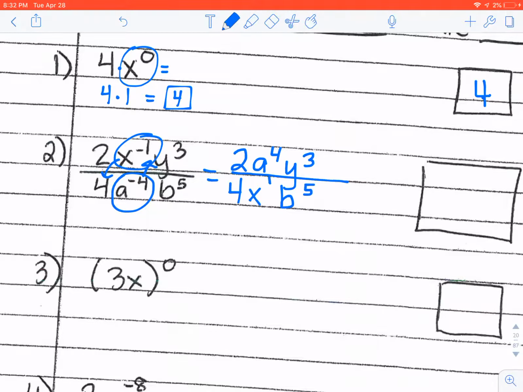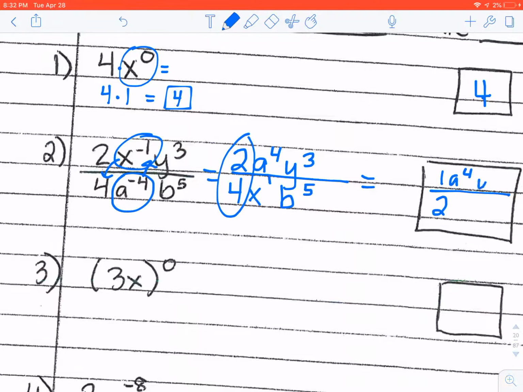Okay, so once you make your exponents positive, you then want to take care of anything else that can be simplified. Your coefficient can be reduced, so 2 divided by 4, either using your calculator or just in your head, reduces to 1/2. Your variables, you have an a, y, an x, and a b.